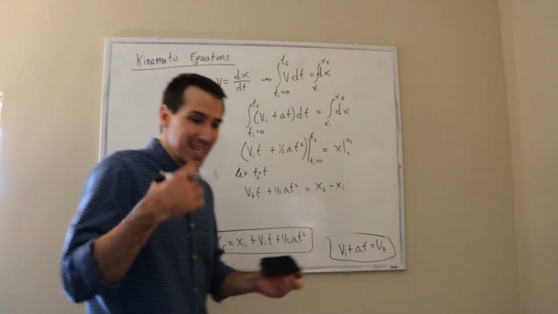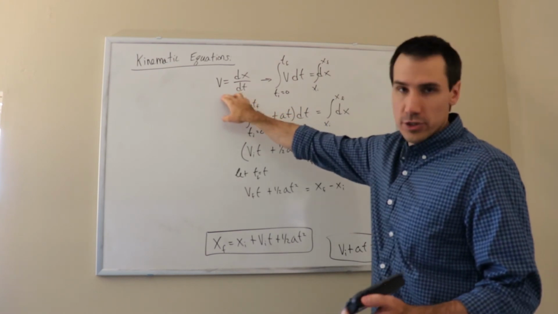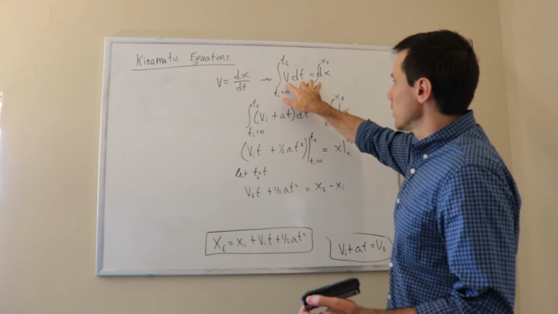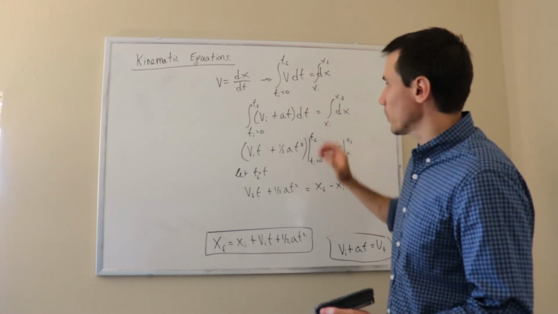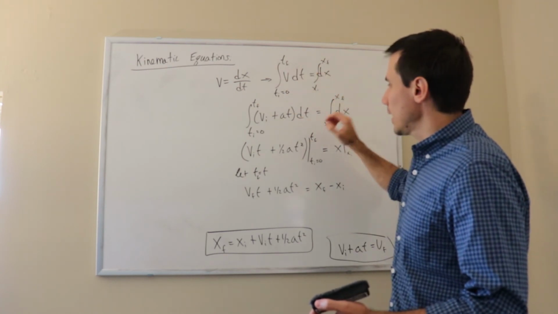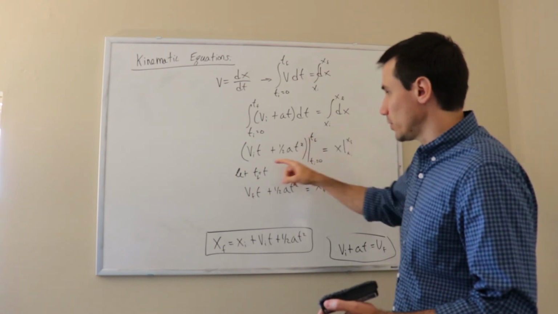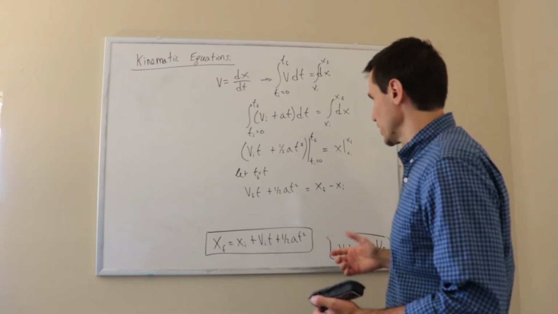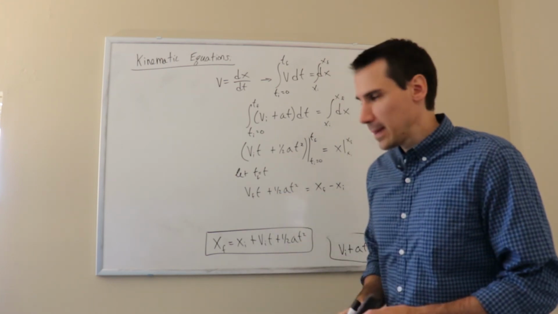So again, I did exactly the same trick. I started with my velocity relationship written in terms of scalars. I then separated my variables and integrated both sides from some initial time to some final time. And I then just took the integral, knowing that my initial velocity and acceleration were simply constants, and I solved and I got this.